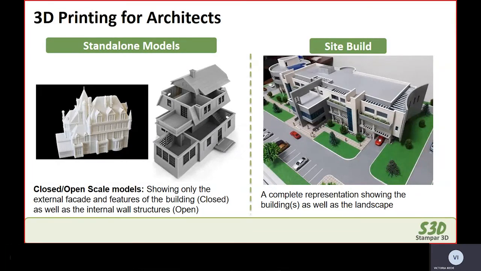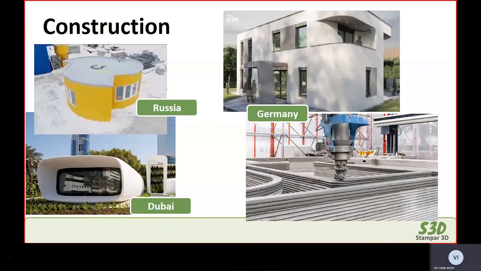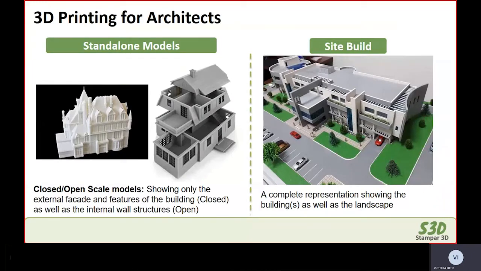Now, how you get to this 3D model, there's a process to it, and I think there's going to be a course that addresses that, how you can go from, say, your full Revit model to a 3D printable model, whether it's closed or open.